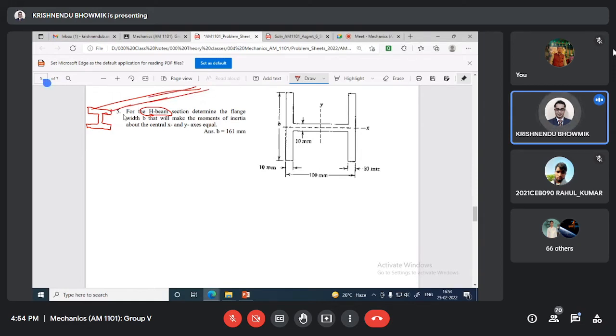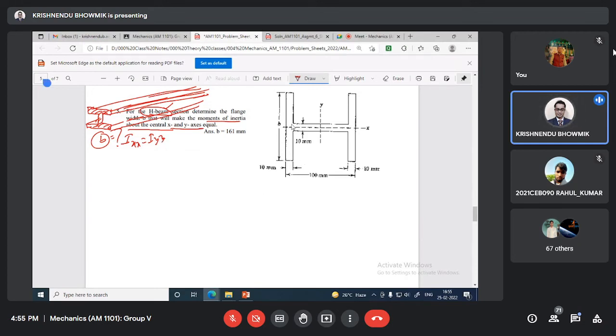This is the long beam, and we are only dealing with these sections. This is an H beam section. Determine the value of B: we have to calculate the B such that the moments of inertia about the central x and y axes are equal. So for what value of B will IXX be the same as IYY.